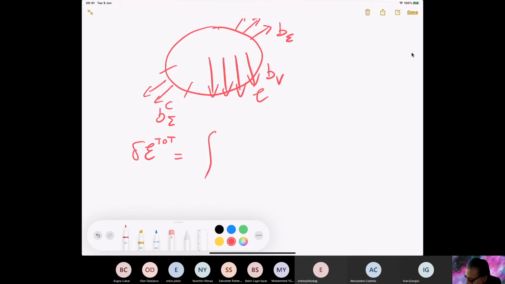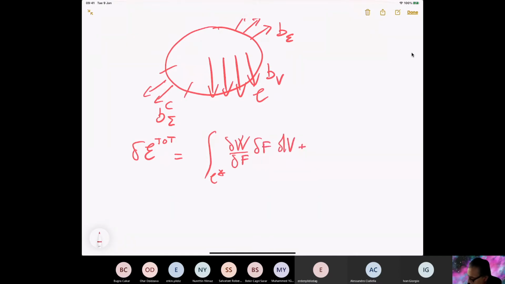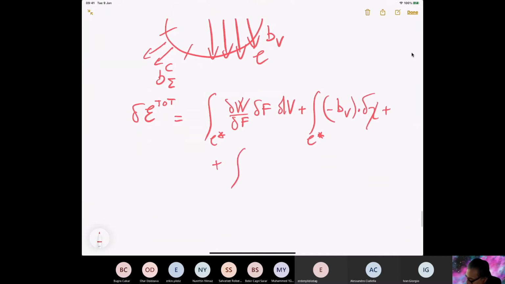So you have integral over C star of dW over dF delta F d volume, plus integral over C star boundary, over C star of minus B volume dot delta key, plus integral over the whole boundary C star of B total sigma delta key.